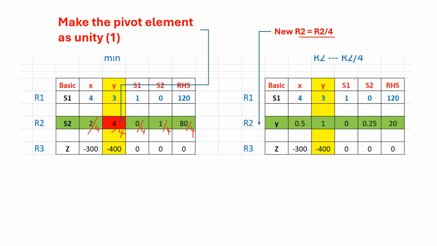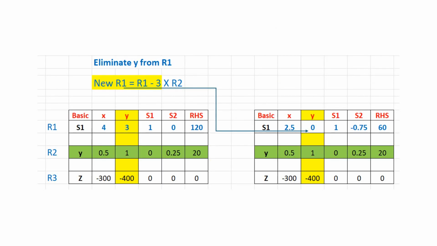Next we have to make this 0. So we will operate this row R1 by this row R2. So new R1 equal to R1 minus 3 into R2. For example, if you multiply this 1 by 3 and subtract it from this one, you are getting 0.